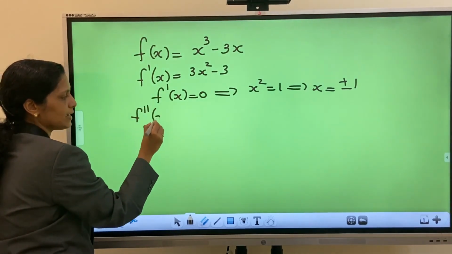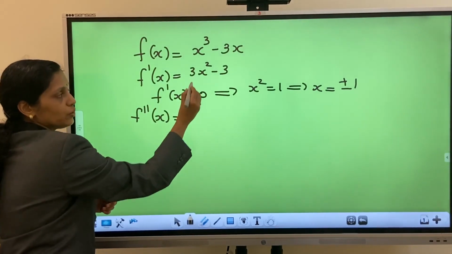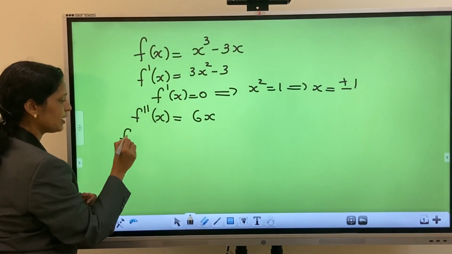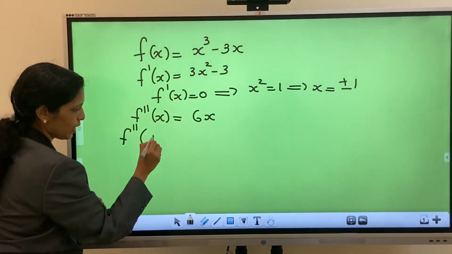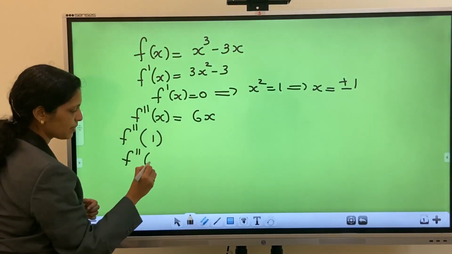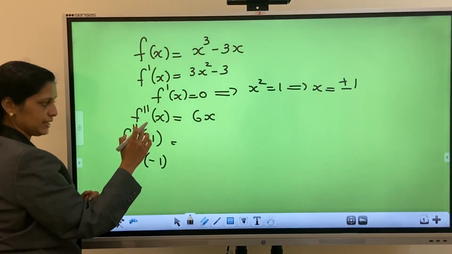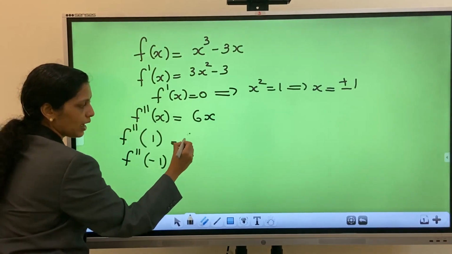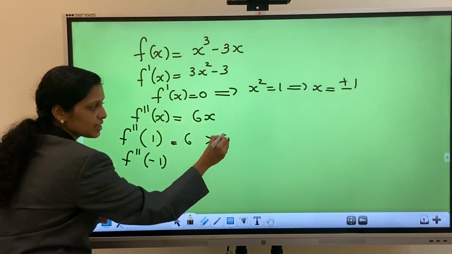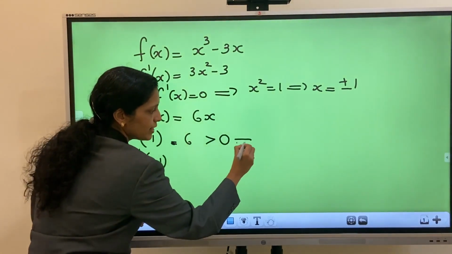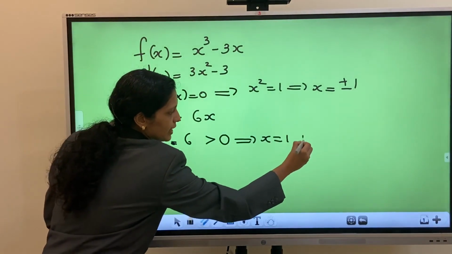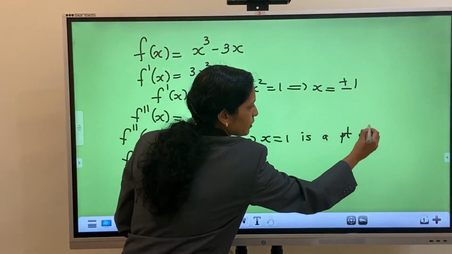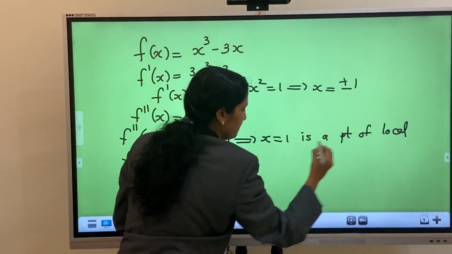F double dash x is equal to, look, it is 6x. Then what you have to do is find out f double dash 1 and f double dash minus 1. Then I am going to give 1 for x, f double dash 1 is 6 and it is a positive quantity greater than 0. Therefore, x is equal to 1 is a point of local minima.